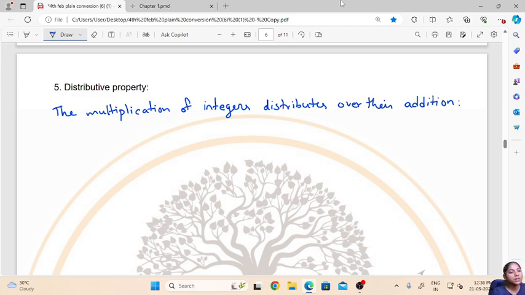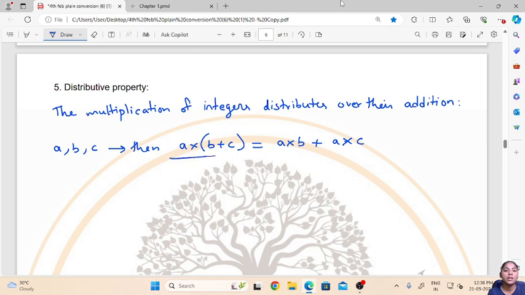Now in other words, if we have any integers A, B and C, then A multiplied by (B plus C) is equal to A multiplied by B plus A multiplied by C. So this is what this property states.